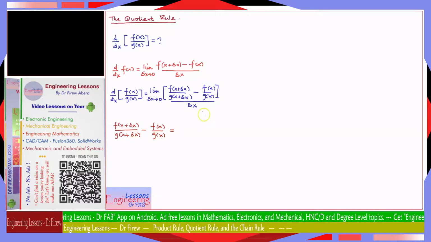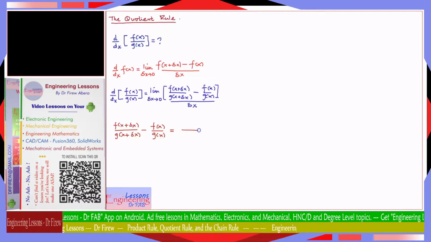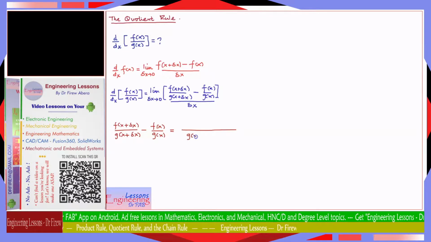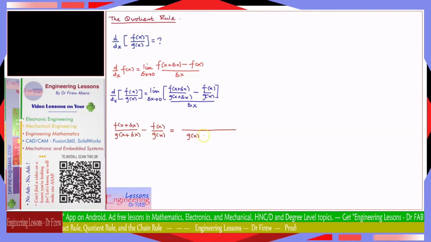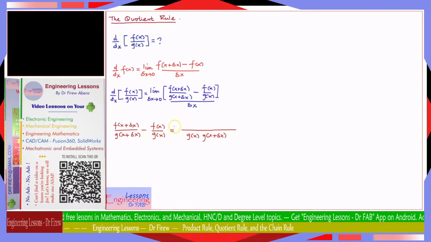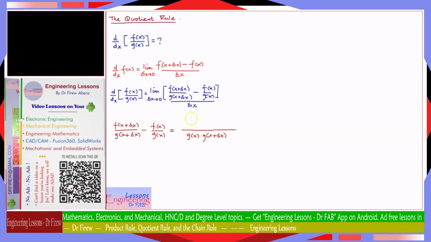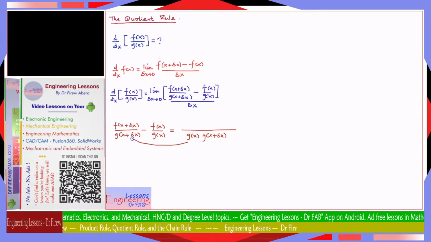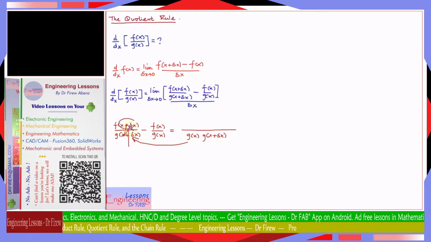So this is a difference of two fractions. So I can rewrite this with g of x and g of x plus delta x as a common multiple for the denominator, and then the way it goes is just divide this by the denominator and multiply it by the numerator.